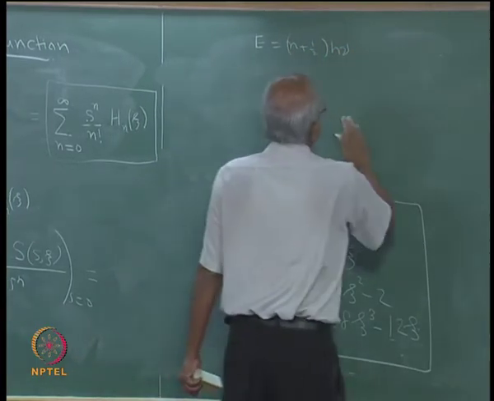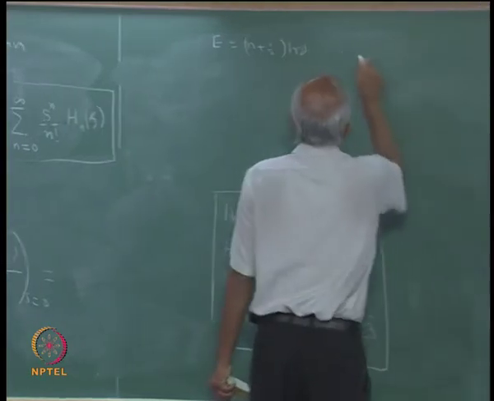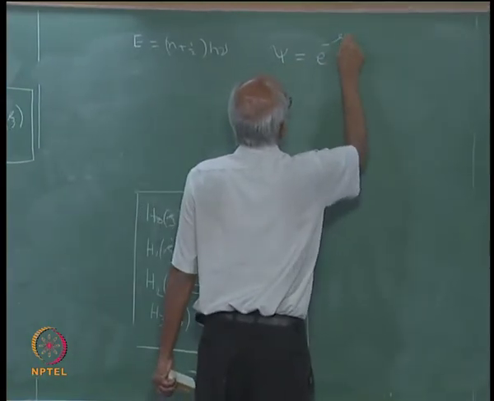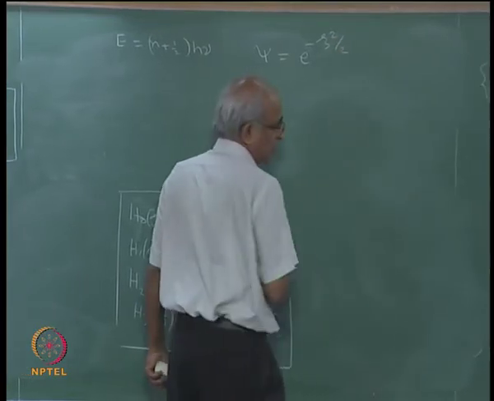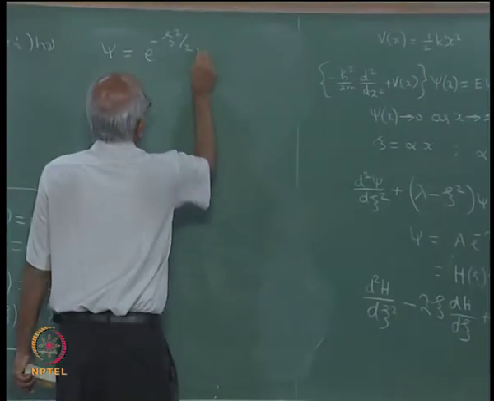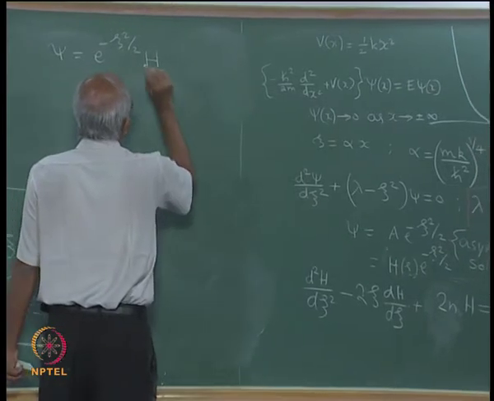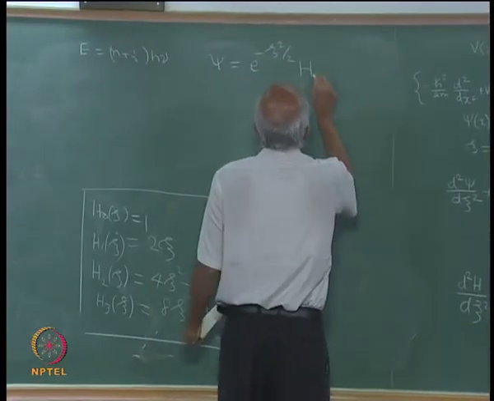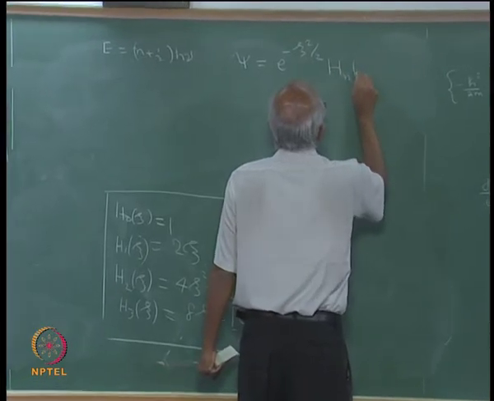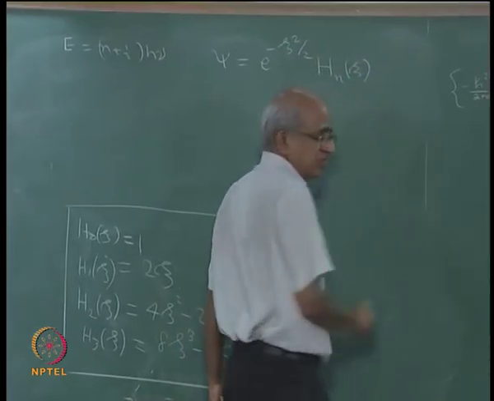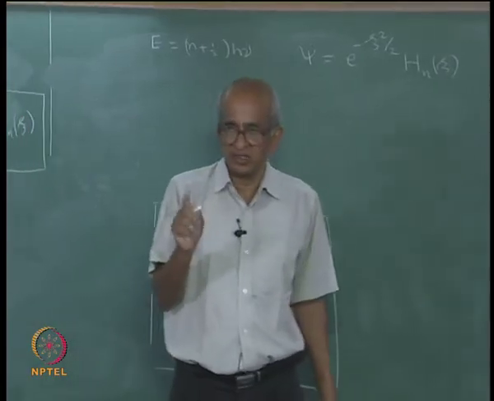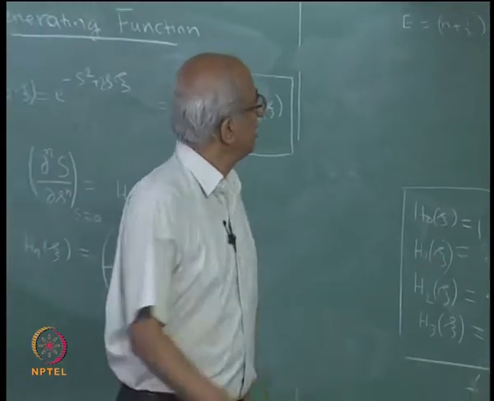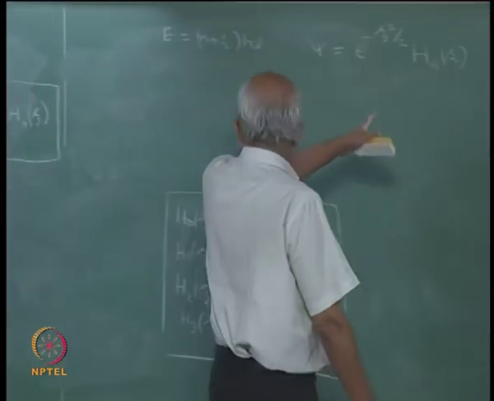And then what is the solution? The solution is psi equal to e to the power of minus c square by 2 multiplied by H. This H is in general a polynomial. If you are thinking of a particular value of n, the polynomial will be the Hermite polynomial Hn of c, which has a degree equal to n. The degree of the polynomial, that is the highest power of c, will be n.